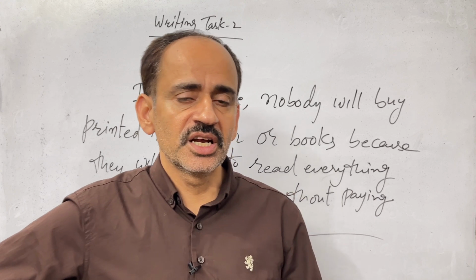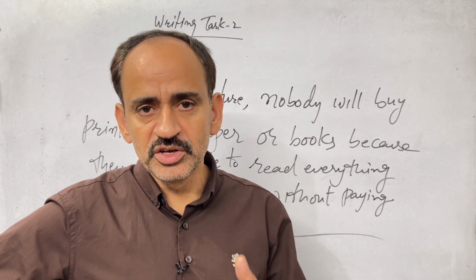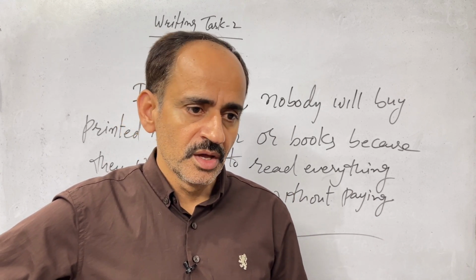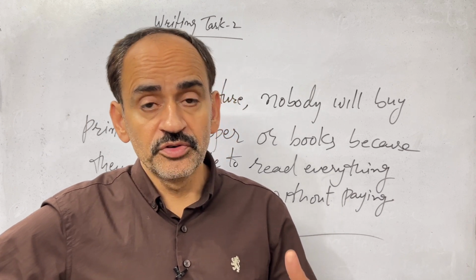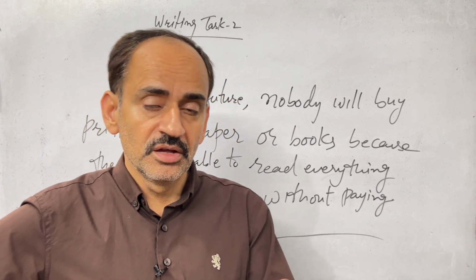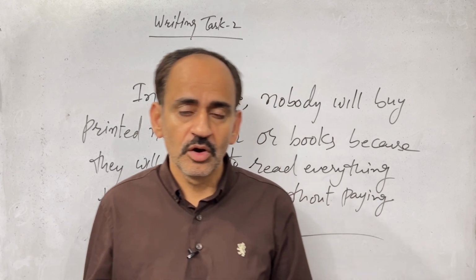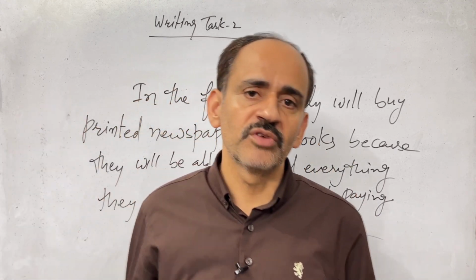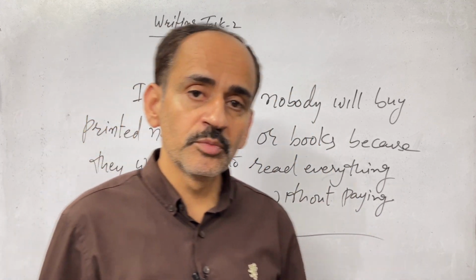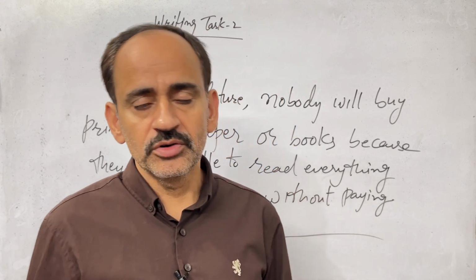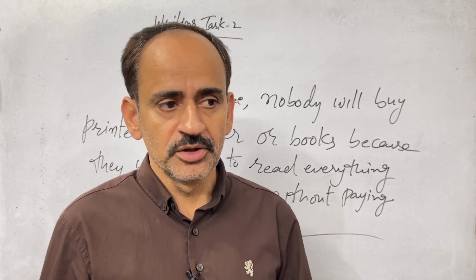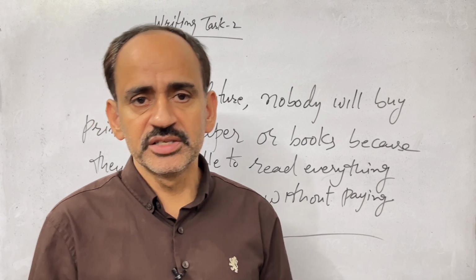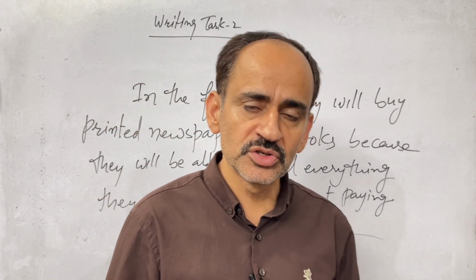Second, you can say that nobody will read newspaper or magazine because they are not good for the environment. If you use a mobile phone or laptop, there is no harm to the environment. But if you depend upon paper books, then a lot of trees need to be cut to make the pages, and chemicals are used for inking the books.